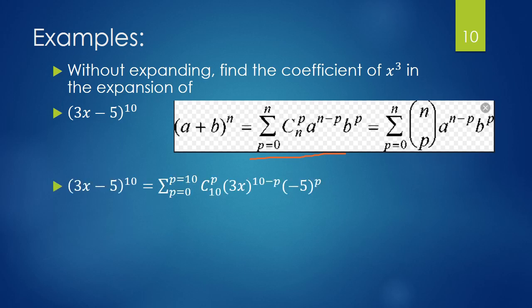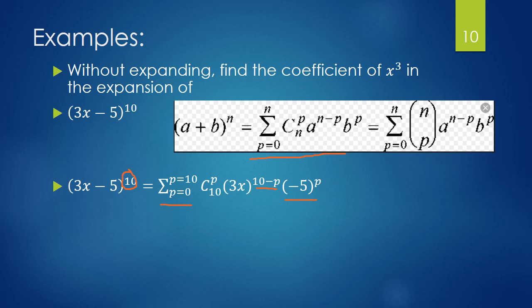So (3x - 5)^10 equals the summation from p equals 0 to 10, because here n equals 10, of C(10,p) (3x)^(10-p) times (-5)^p.